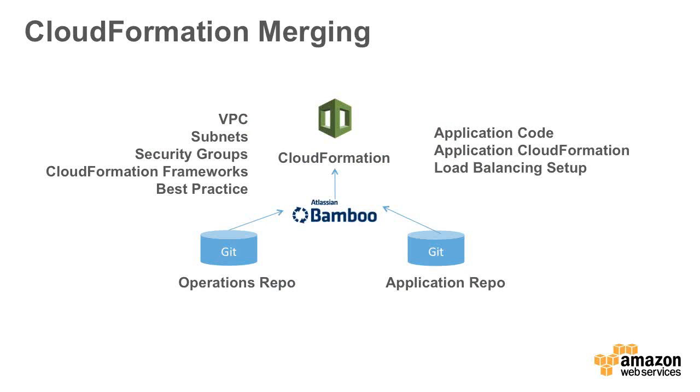So what we have is an operations repository and an application repository. And in the operations repository, we have the snippets of CloudFormation that are responsible for building operational concerns, things like VPCs, security groups, CloudFormation frameworks, building the network topology and what have you. And in the application repository, we have templates that manage application concerns, things like how we bootstrap our application, how we configure application level load balancing, and other concerns that our application teams care about.